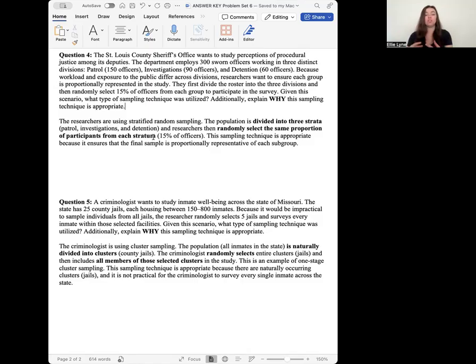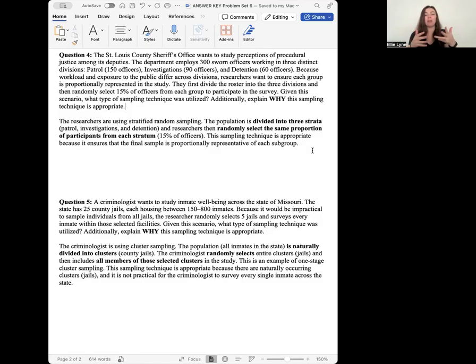So each individual group or distinct division, which is 15% of officers. And in this case, this sampling technique is appropriate because it ensures that the final sample is proportionately representative of each subgroup. Or in other words, what we're doing is basically making a mini sample from that 300 officer pool and having that be proportional in our smaller groups.